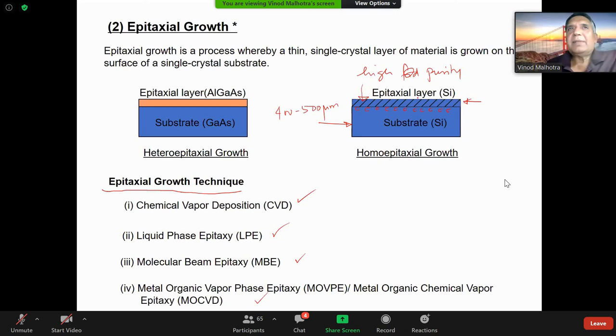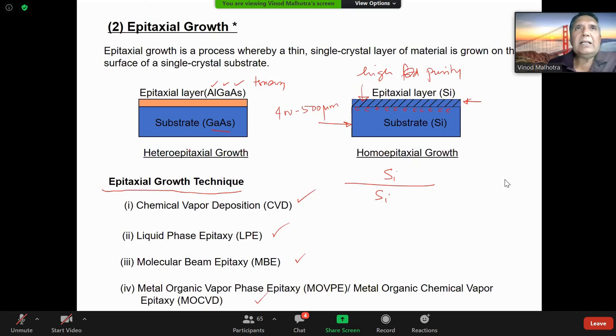It's called homoepitaxy if you're growing silicon on silicon. But if you're growing a different material, such as aluminum gallium arsenide, which is a ternary, onto a binary, which is gallium arsenide, so these are two different semiconductors, then this is called heteroepitaxy.